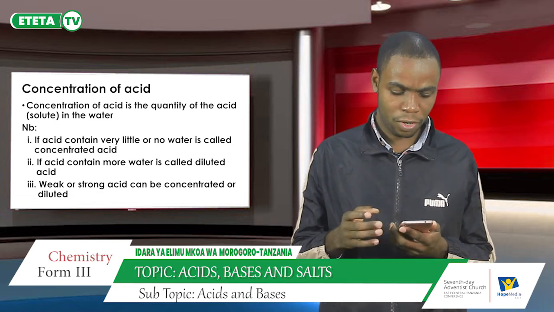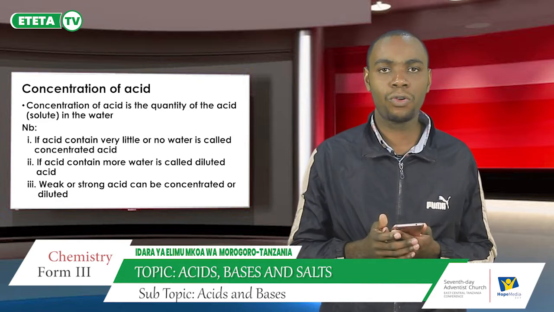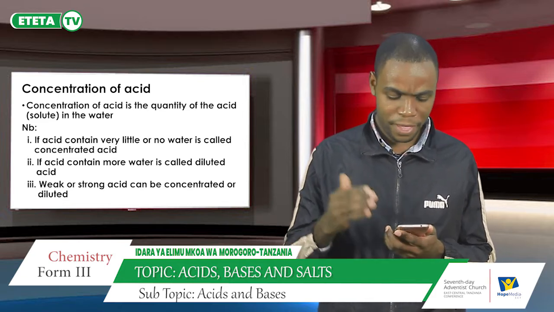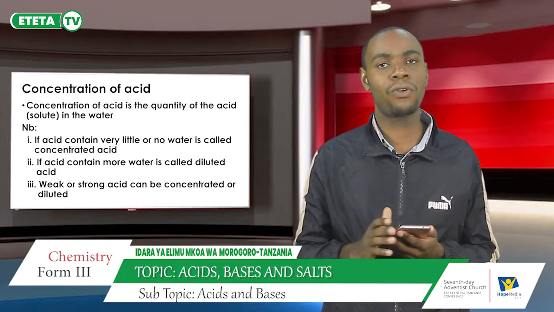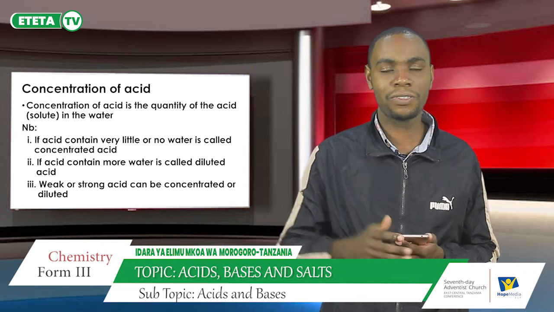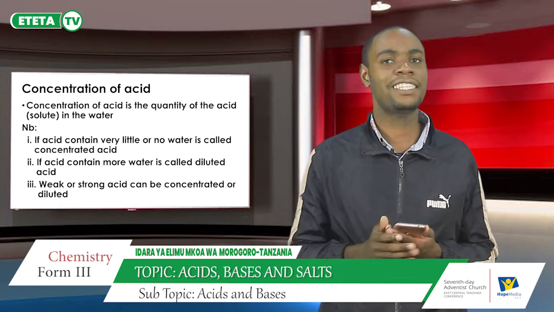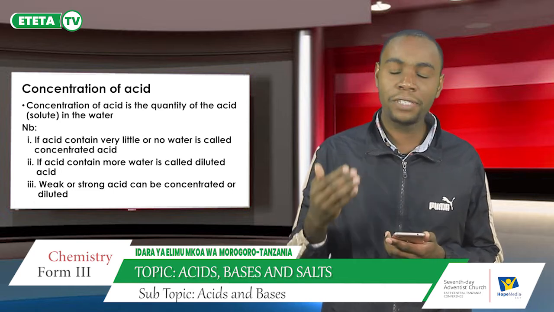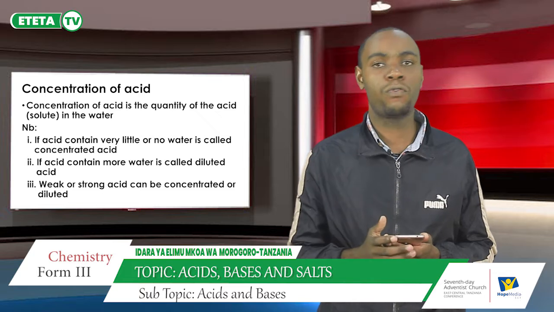Now here in concentration of acid, we have the concentrated acid and also we have a diluted acid. If the acid contains very little amount of water or none at all, that's what we call a concentrated acid. But the diluted acid contains a larger amount of water.